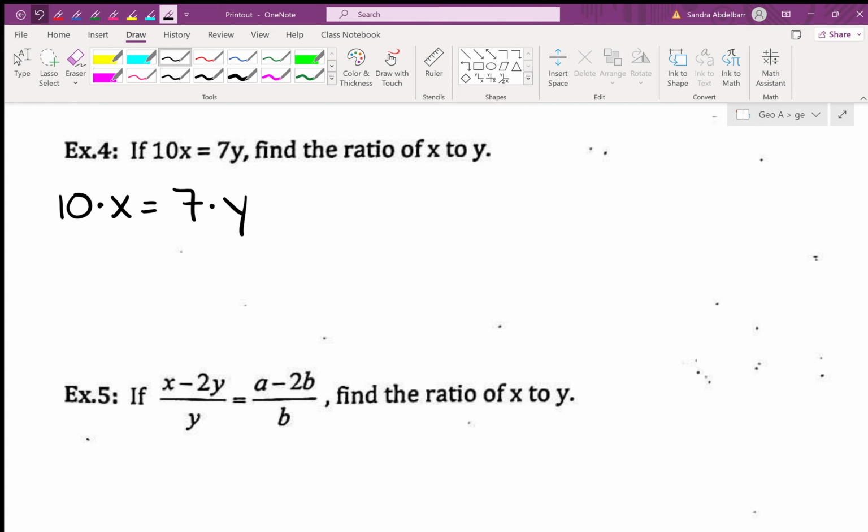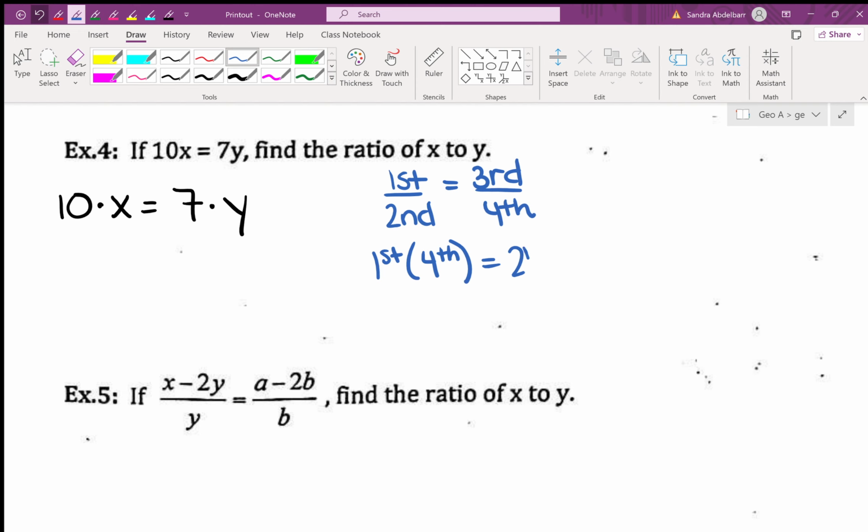Right. So this has already been cross-multiplied, and now I want to put it back into a ratio. Because it's already been cross-multiplied, remember it's the first over the second equals the third over the fourth. When you cross-multiply, your first gets multiplied with your fourth, and your second gets multiplied with your third.